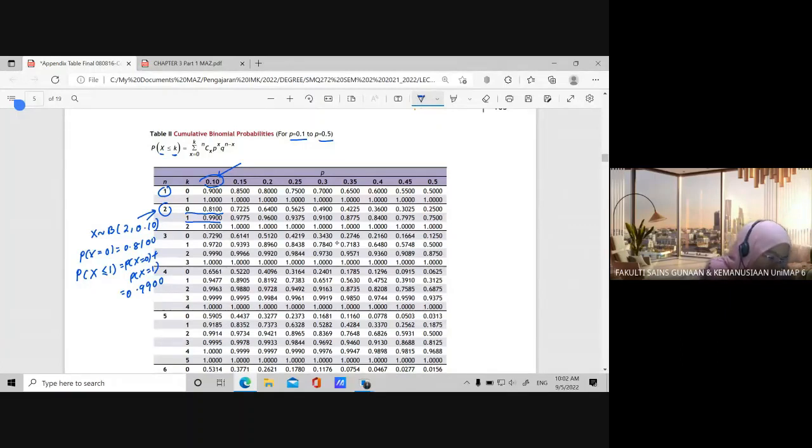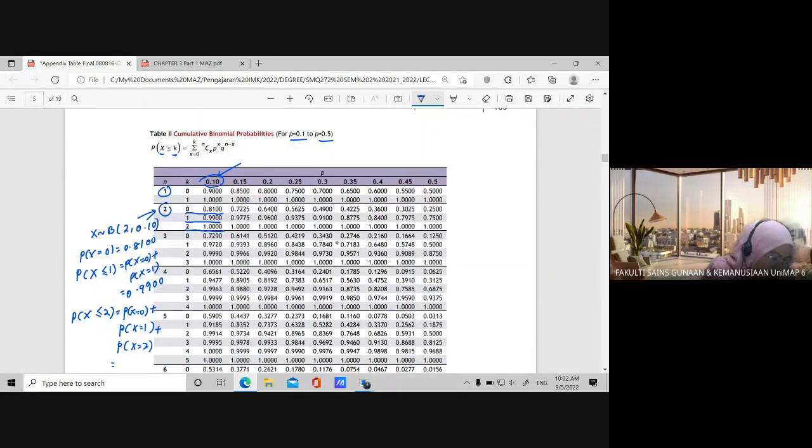If you are talking about the third success, you got 2 trials and both are success. So you have P(X less than or equal to 2), which means zero success plus 1 success plus 2 success.